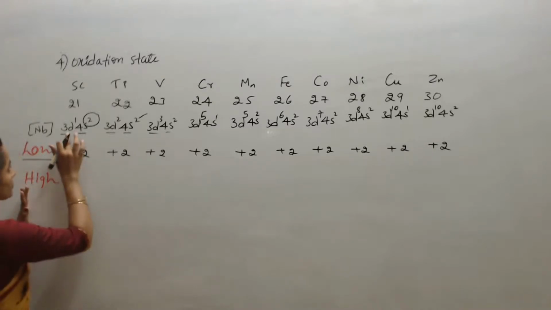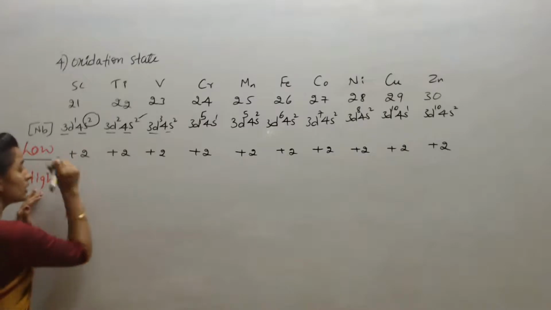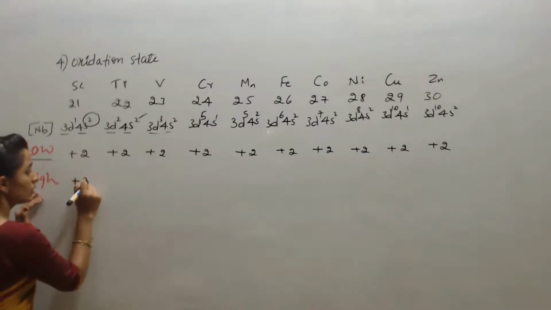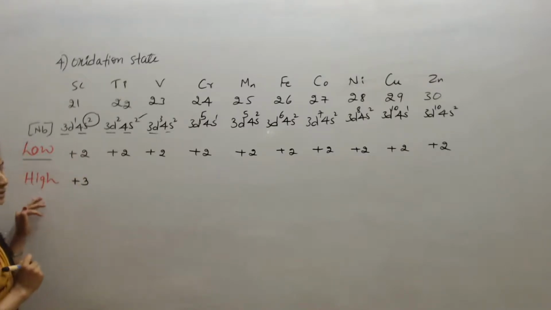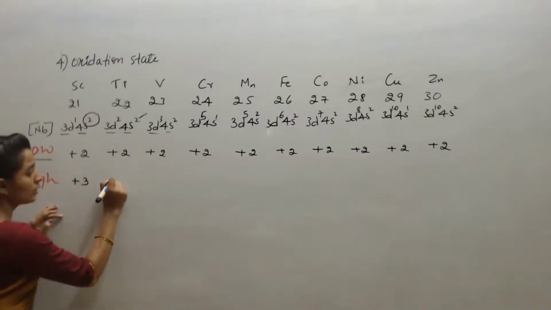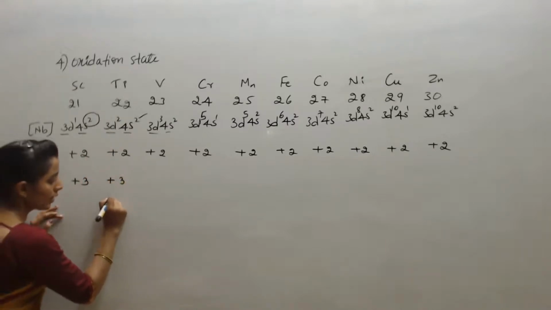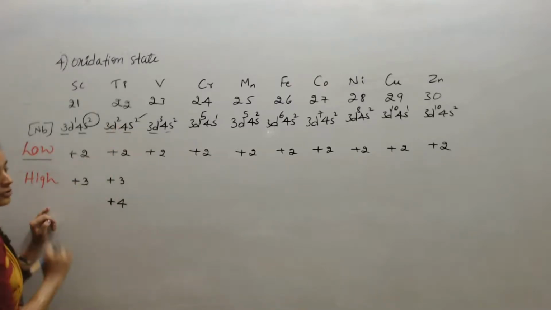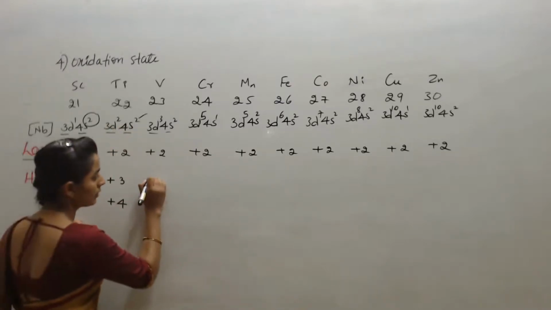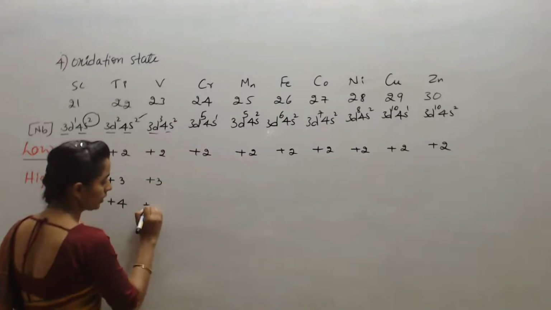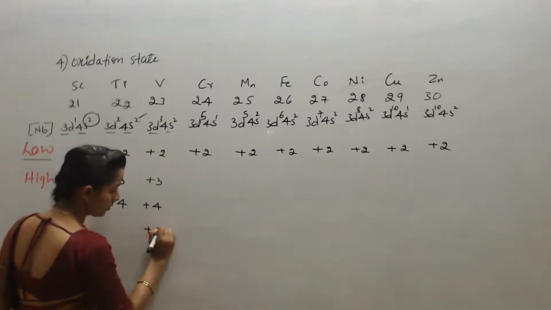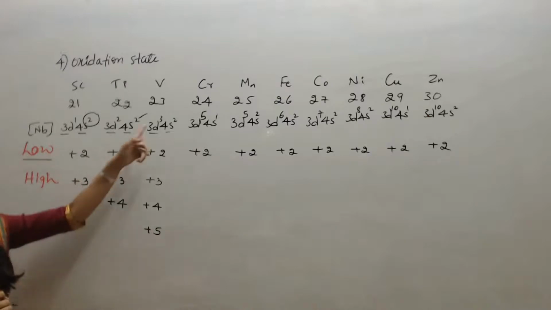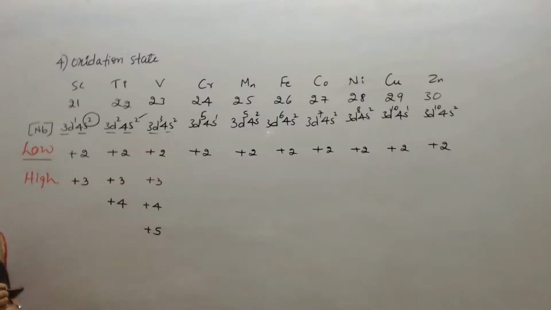So here D1 electron is there. If we remove one more, it will show +3 state. Here 2 electrons are there. It may show +3 as well as +4. Okay, total 4 electrons are there. Again here +3, +4, +5. Total 3 + 2, 5 electrons are there.